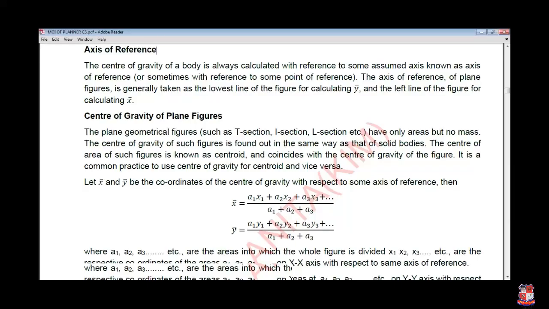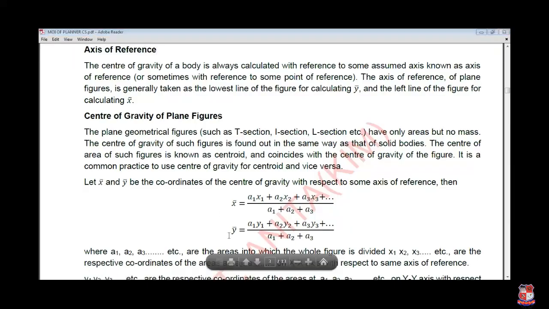Simply, you can take one example here. If you want to find the centroid of any object, say you have an object like this, then for y bar this is your reference x axis, the lower portion of your object, and the left side of your object for finding x bar.